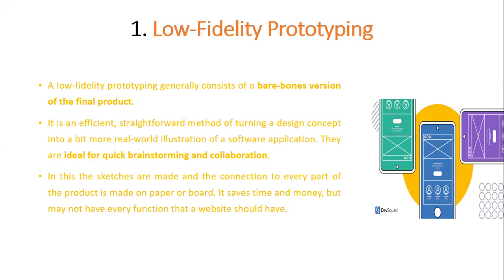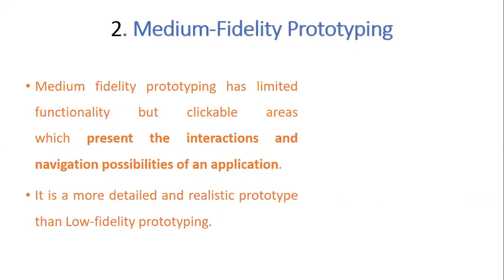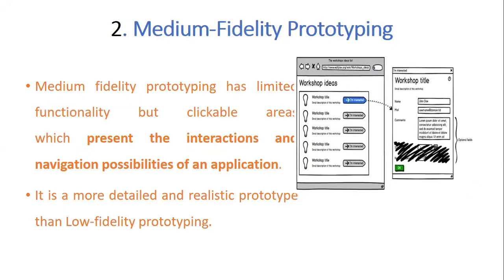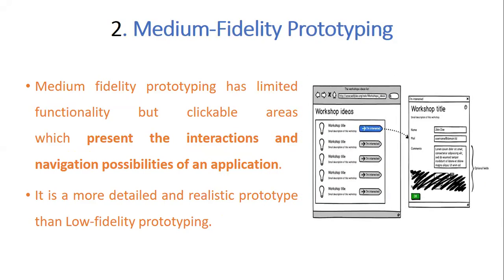It saves time and money, but may not have much detail about the design concept or idea. Second one is medium fidelity prototyping. Compared to low fidelity, medium fidelity may have limited information or process function about the design concept of the final product.